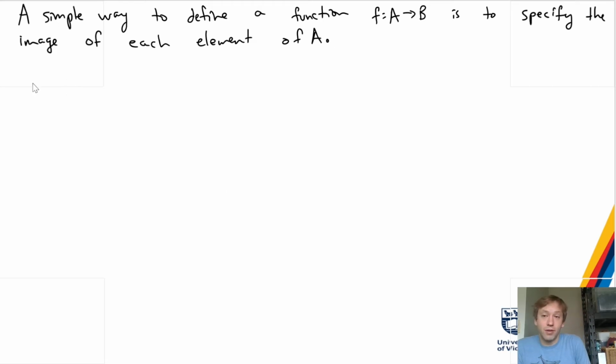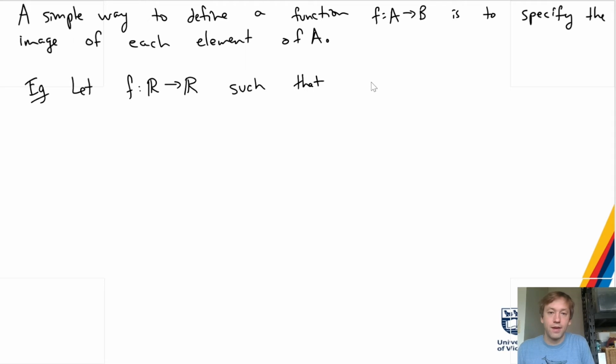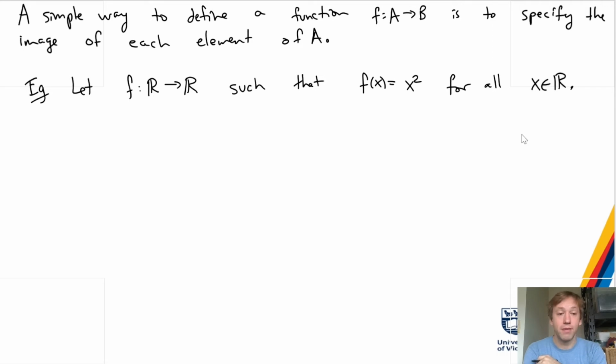So for example, we can say let f be the function from the reals to the reals, with domain the real numbers and codomain the real numbers, such that f of x is equal to x squared for all x in the real numbers. So this is a perfectly valid definition of a function, right?